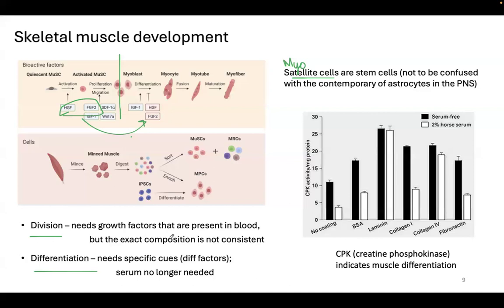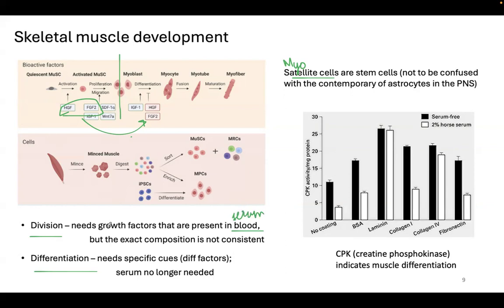So it's not a defined media, right? You don't know that you added 10 microliters of that and it's 10 nanogram per liter concentration. You know that it's somewhere between 10 and 20, the other thing is somewhere between 5 and 10, and so on. Serum is the non-cell part of blood.